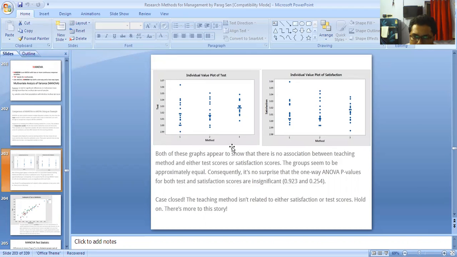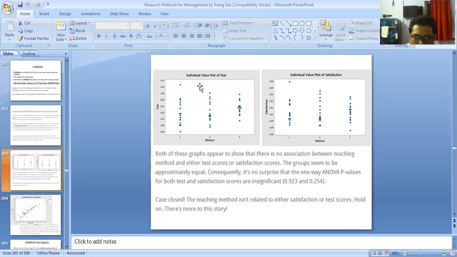Along the y-axis, we are representing the test scores, and you are plotting all the data: the test scores using teaching method 1, teaching method 2, and teaching method 3.